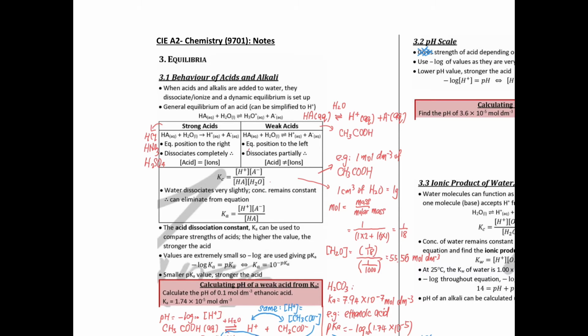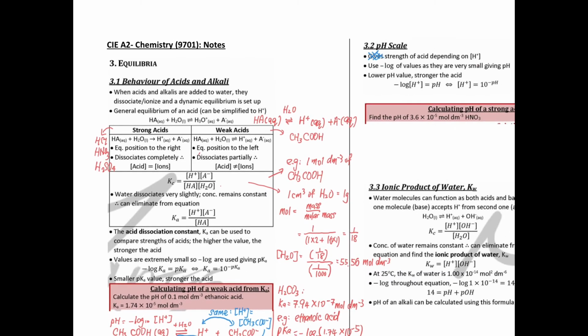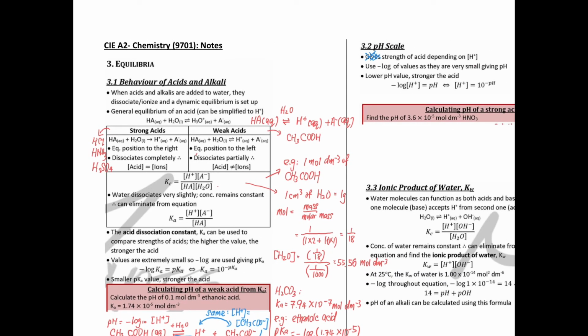Even in this question, you will realize they don't give Ka or Kc. They just give you the concentration only, which is 3.6 times 10 to the power of negative 5. If this is the case, how are we going to find the pH? We use this concept.